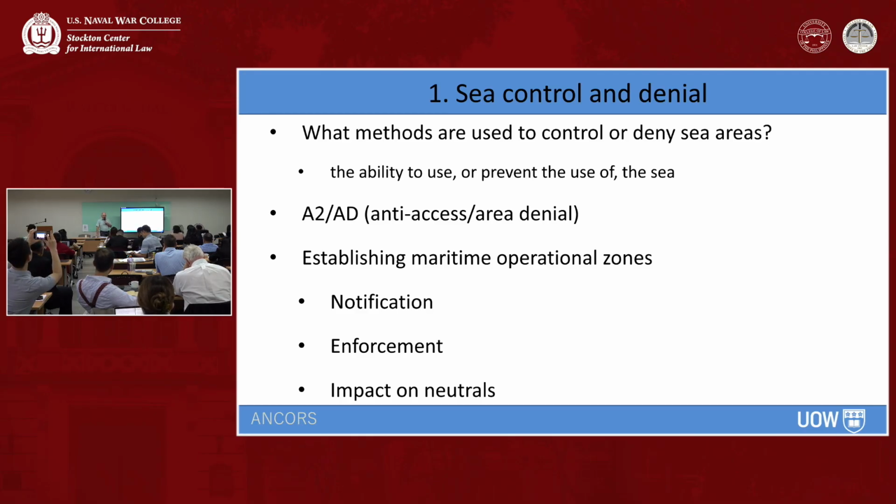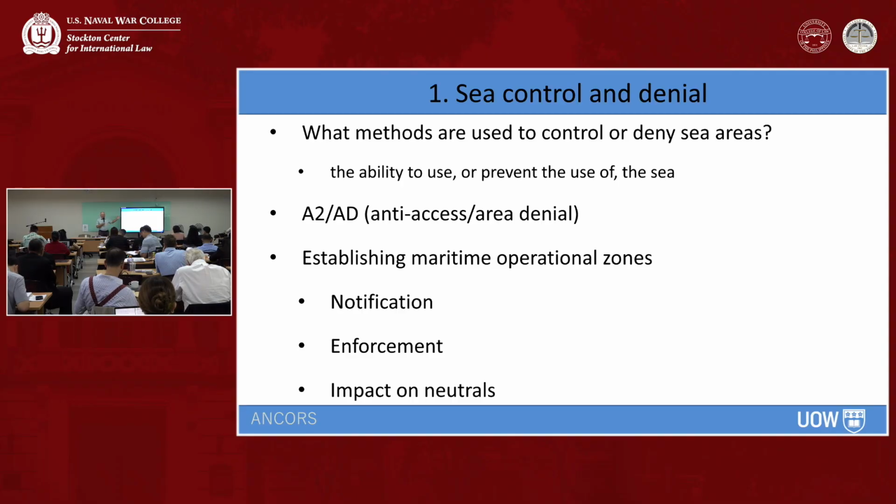We're talking about the ability to control, restrict, and deny use of certain areas of the sea to your opponent. I mentioned that one of the ways in which that can be done is through the deployment, or through a claim that there has been deployment, of naval mines.